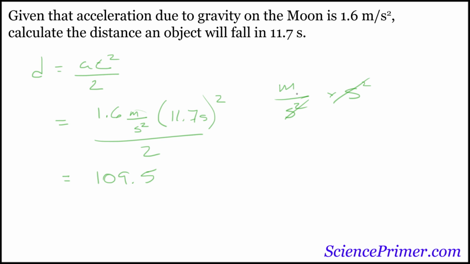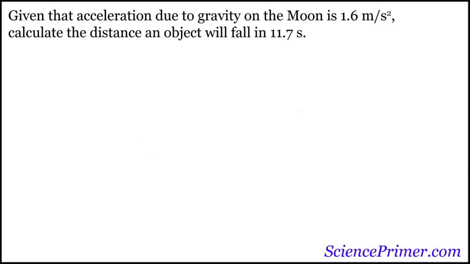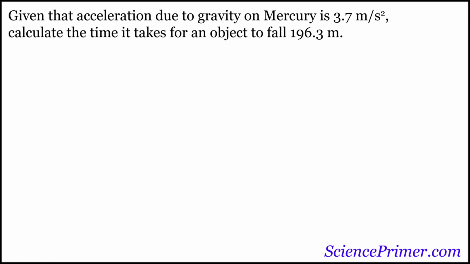The seconds squareds will cancel and we end up with meters, which, since we're looking for distance, is the unit we want, so this is the answer. And checking the units allowed us to confirm that the number we found was in the units we were looking for. Let's go ahead and clear this. Try one more.